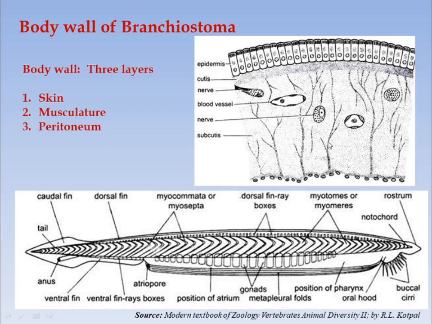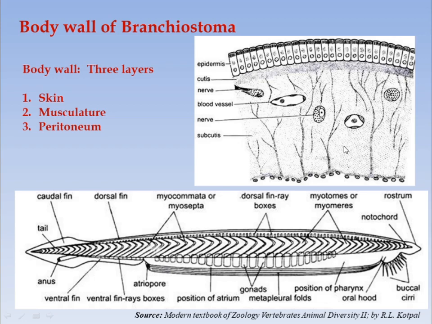There are also a few scattered nomadic cells like this. It is not shown here, but there are a few nomadic cells. Nomadic cells means cells which can move. These are equivalent or similar to fibroblast cells in vertebrates.